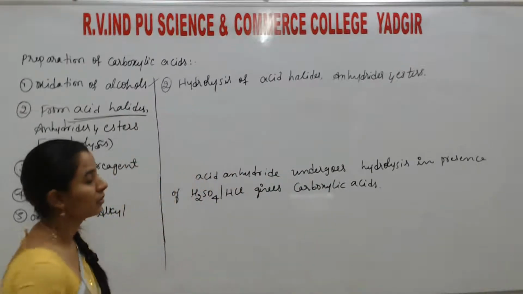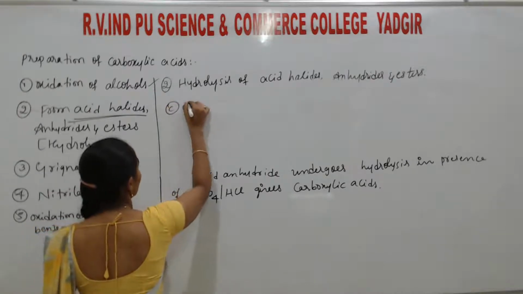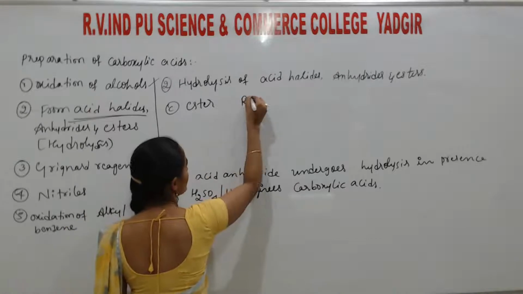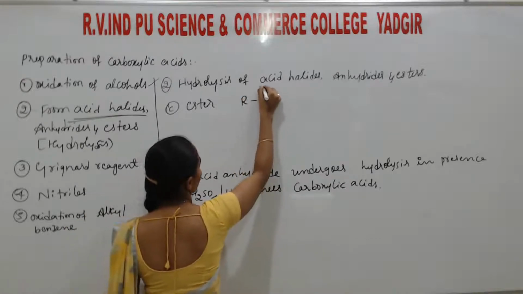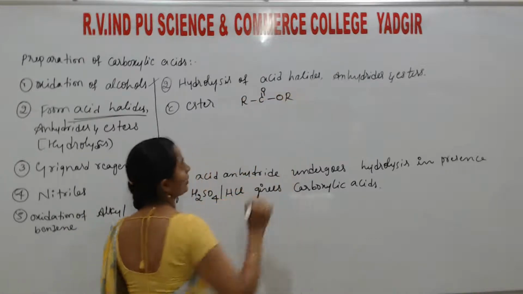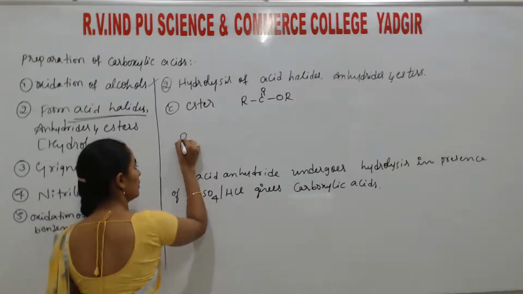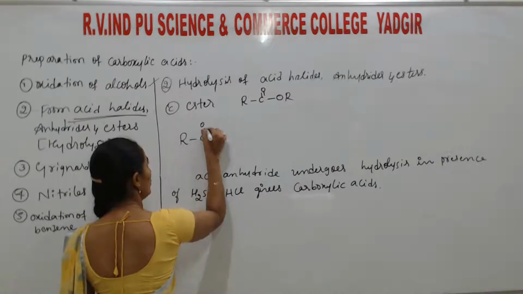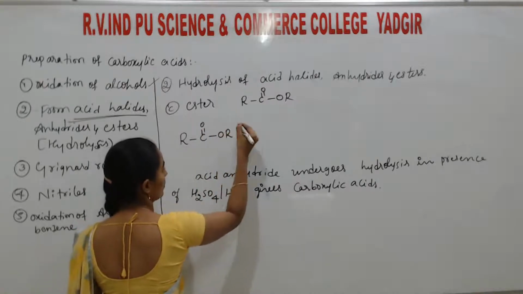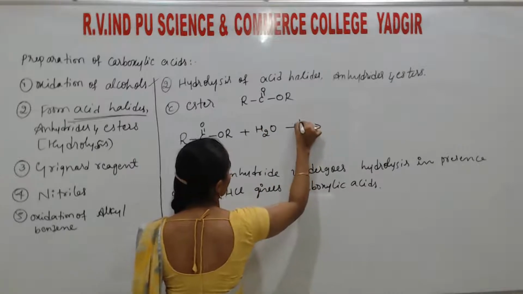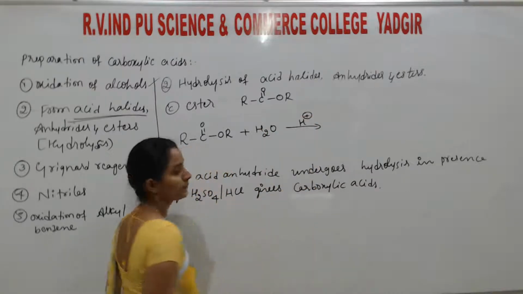Next one is from ester. So the ester formula is R C double bond O OR. Take R C double bond O OR, which undergoes hydrolysis in presence of acid.